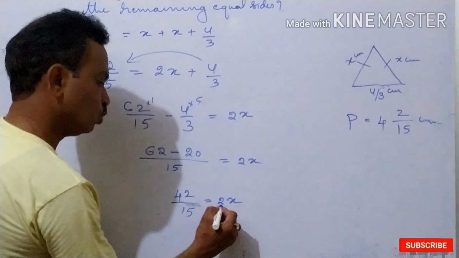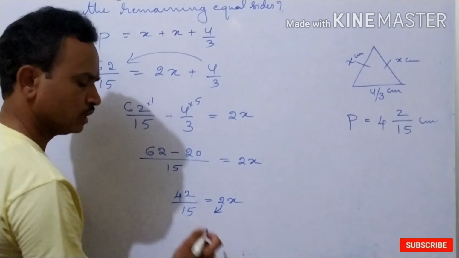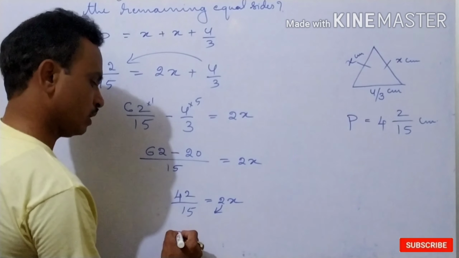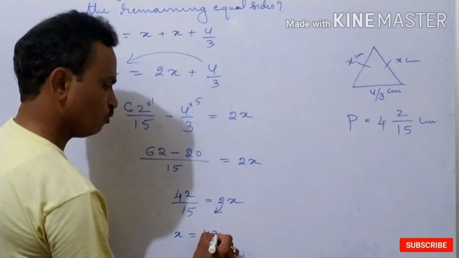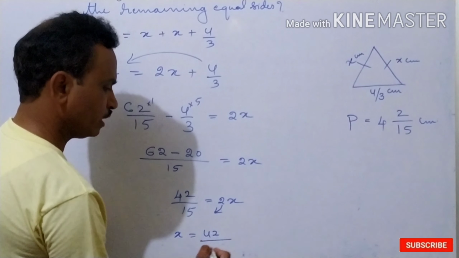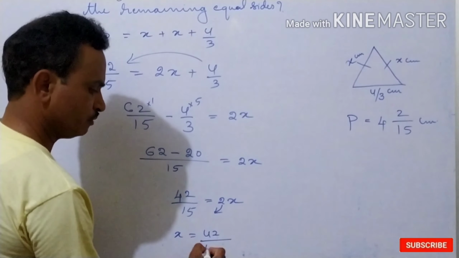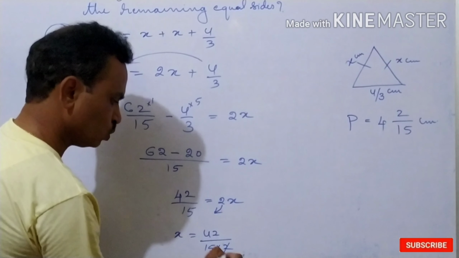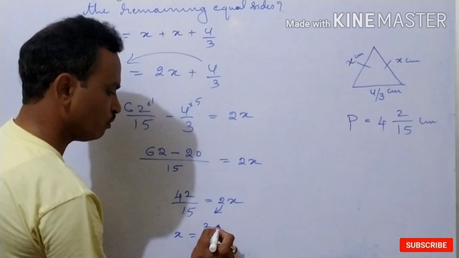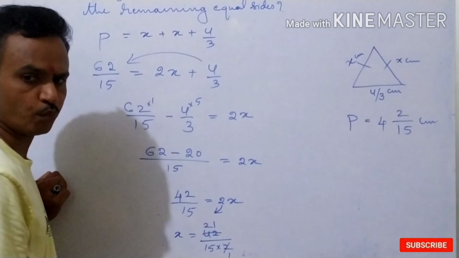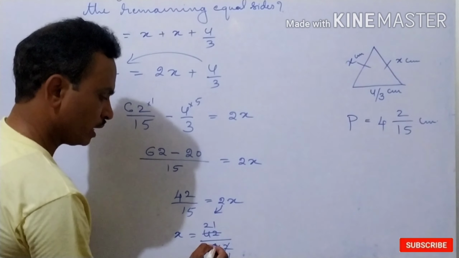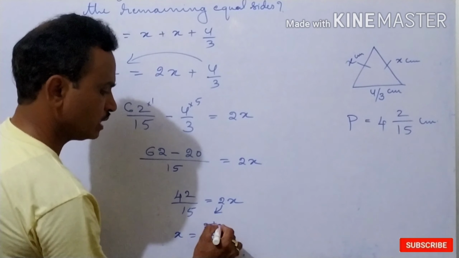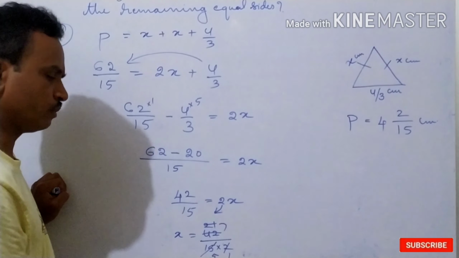Then now 2 you should take to denominator, that means you should take LHS side, it goes to denominator. So it becomes x is equal to 42 divided by, okay, 15 into 2. Then reduce it, 2 1s are 2, 2 2s are 4, 2 1s are 2. Then again 3 table, 3 5s are 15, 3 7s are 21.